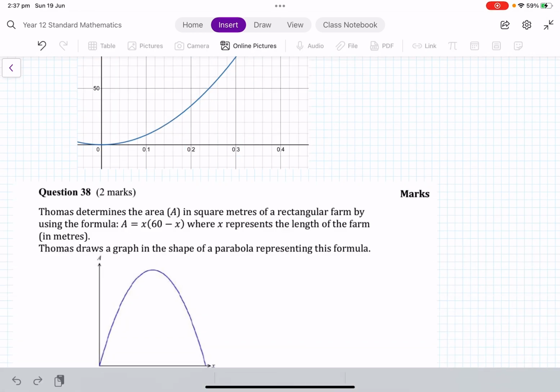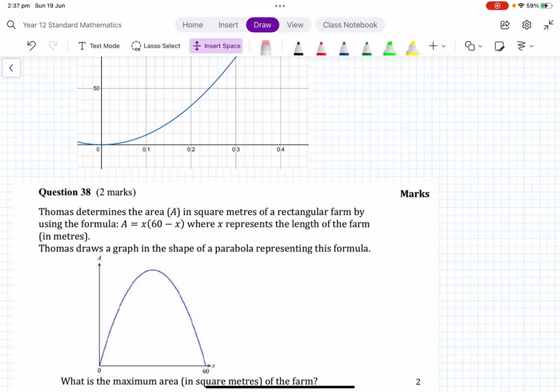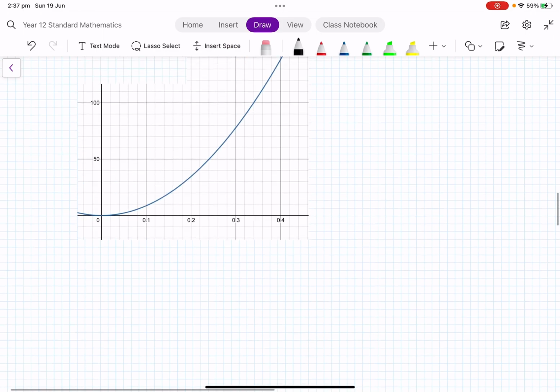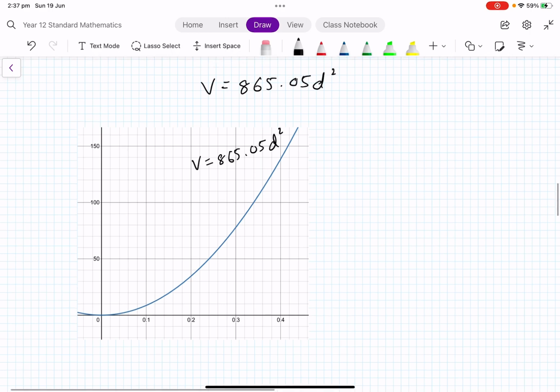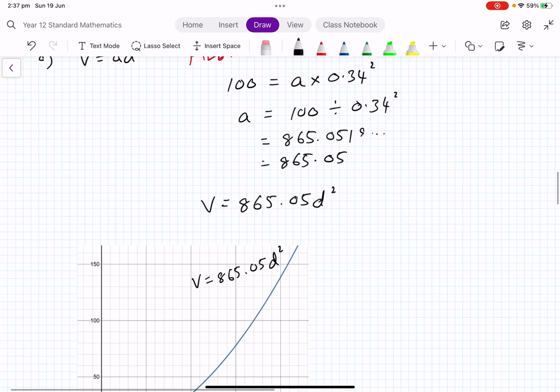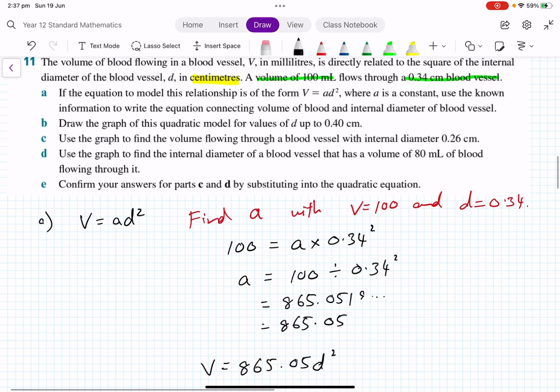I'll add some space in here. This is what I just graphed: V is equal to 865.05 D squared. This is my V, volume in milliliters, and this is diameter in centimeters.